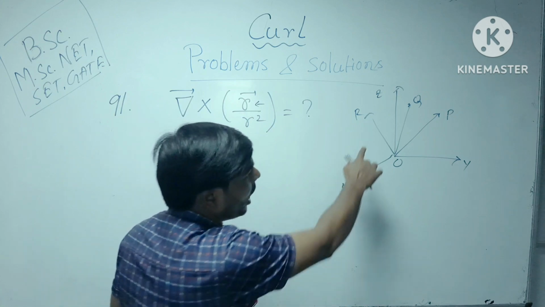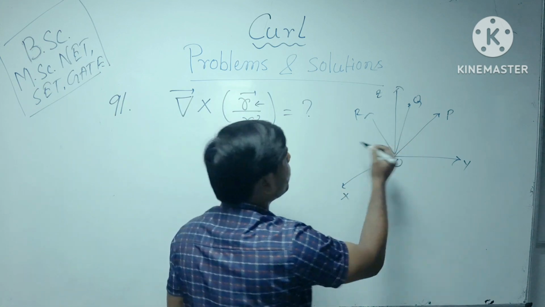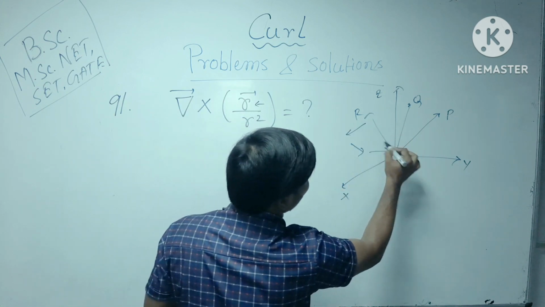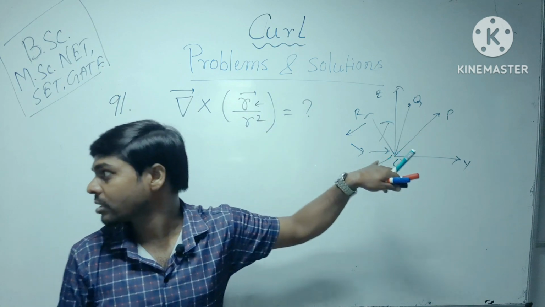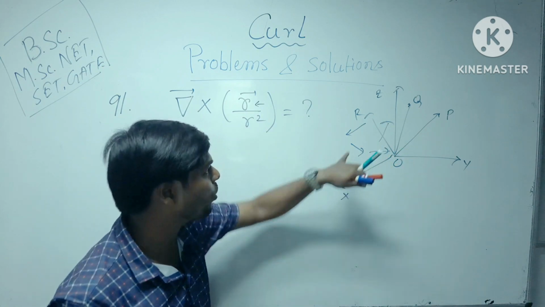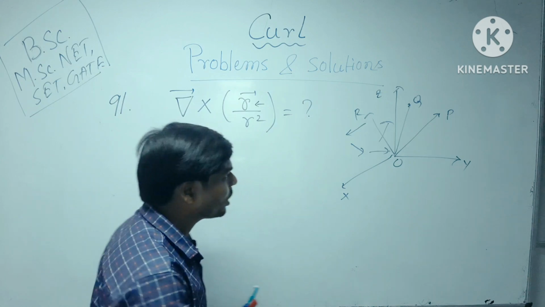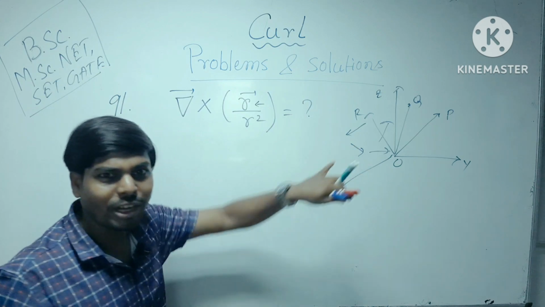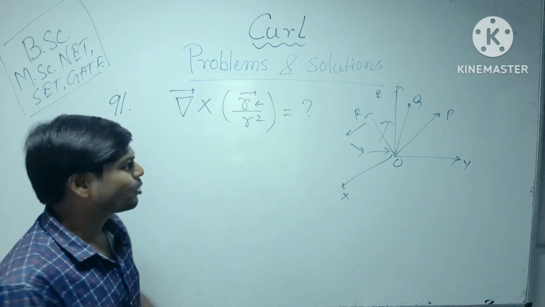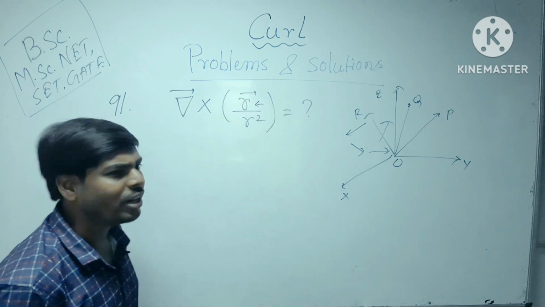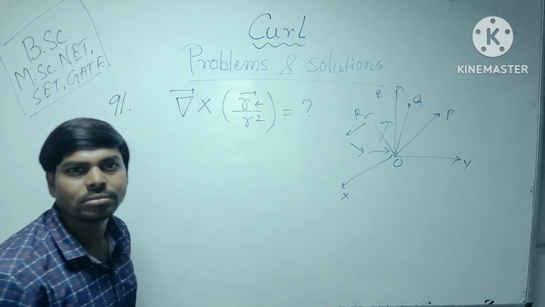So you will never find rotation in this type of position vector field. That means there is no rotation of that vector field, so curl will obviously be 0.